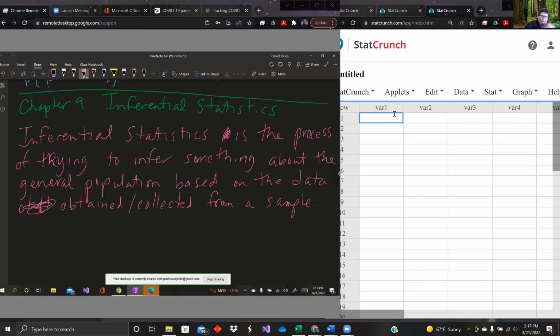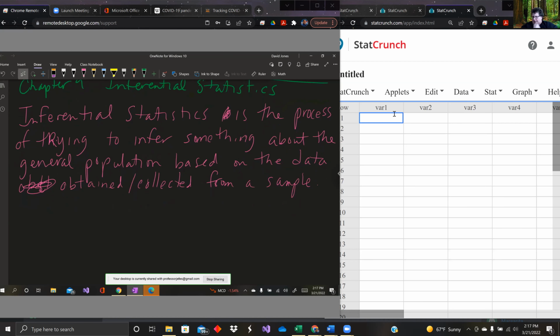This is the whole point of why we sample. This is why we do statistics right here. This is where we're getting down to the nitty and gritty. What's the point? Probability is nice, it's related to statistics, but when you hear about statistics in the news, this is what they're doing. And when I say infer, maybe I'll underline it in a different color there.